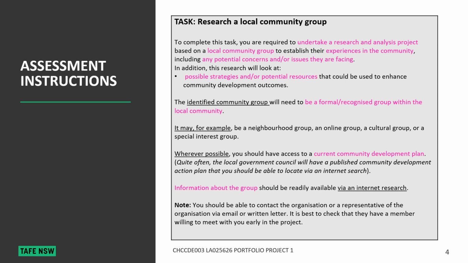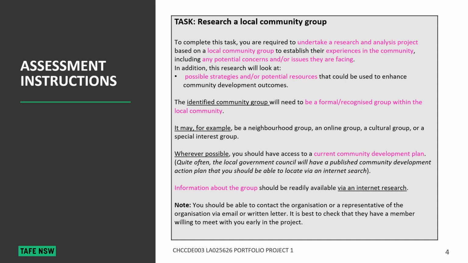The identified community group will need to be a formal, recognised group within the local community. So you're going to need to identify a community group, not a community organisation. 2 very different things. And hopefully by the end of this session, you're going to be really clear about what a community group is and where to find specific community groups that you could research and base your assignment on.